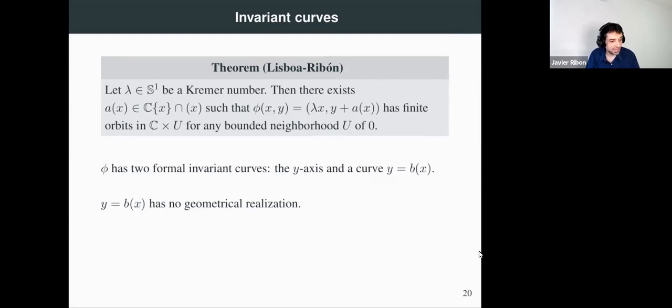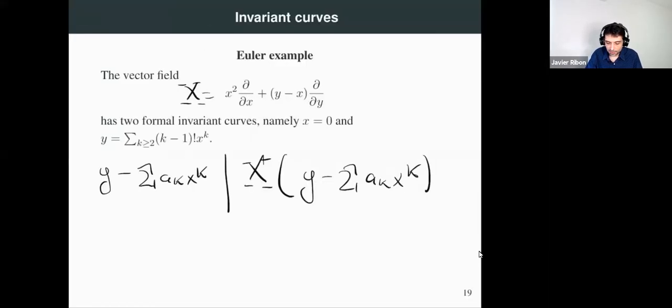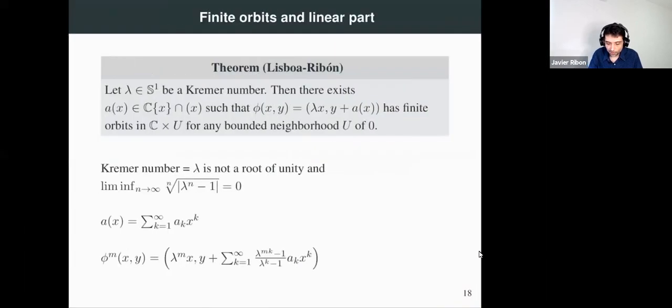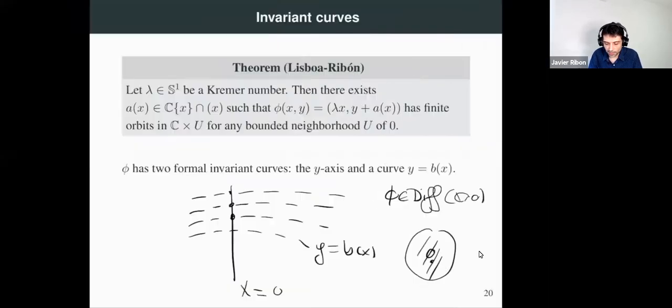I suppose you can find examples that are Gevrey, because you can prescribe more or less how fast the coefficients of this A increase. So yes, I think you can find some Gevrey examples, but I don't think that all of them are Gevrey. I think you can find examples of both kinds, but I can check it out.